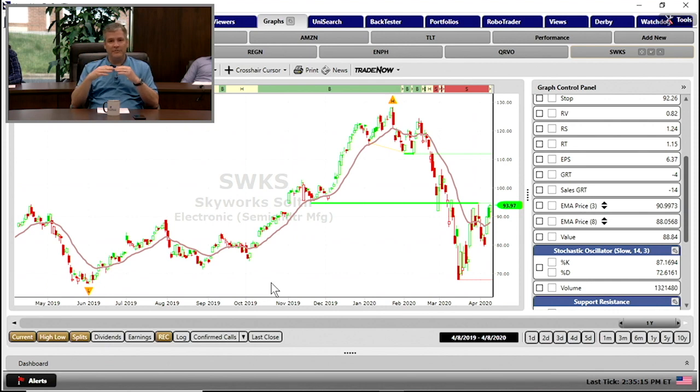So a lot of times the best way to position yourself into a trade and try to ensure that the stock is doing what you expect and follow through is to take a close or a high price for a day and put a buy stop above it, ensuring that you'll only buy the stock if it goes not only above the price that the stock closed at or the high for the day, but even a little bit more to make sure that you're getting good momentum behind you. Okay, so hopefully that clears that up.